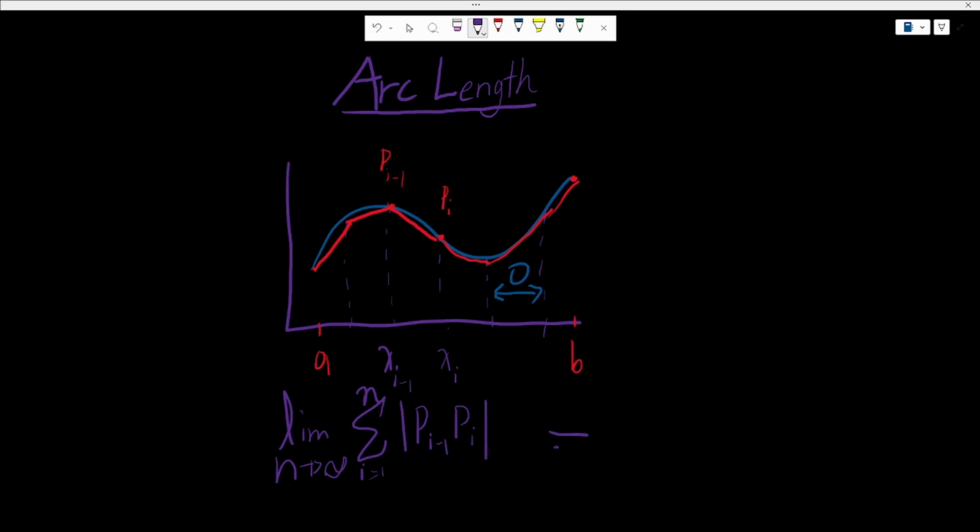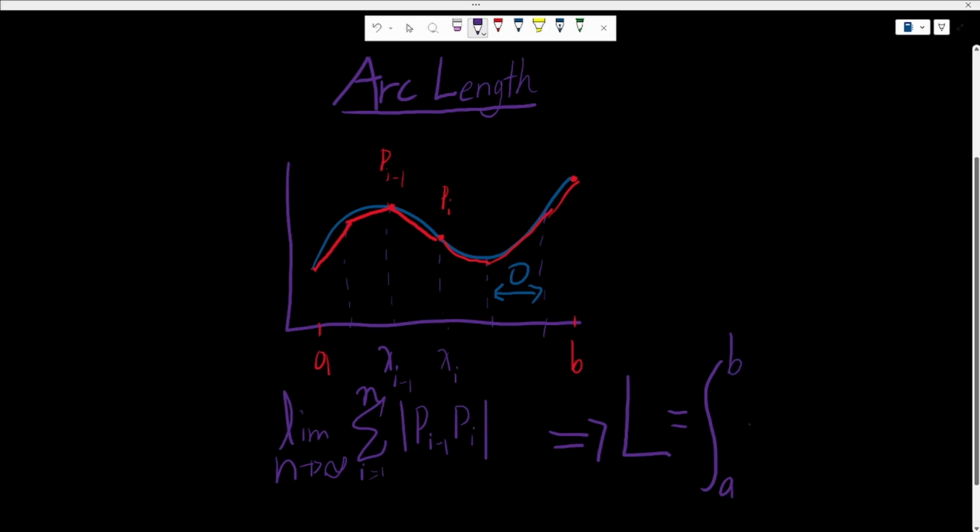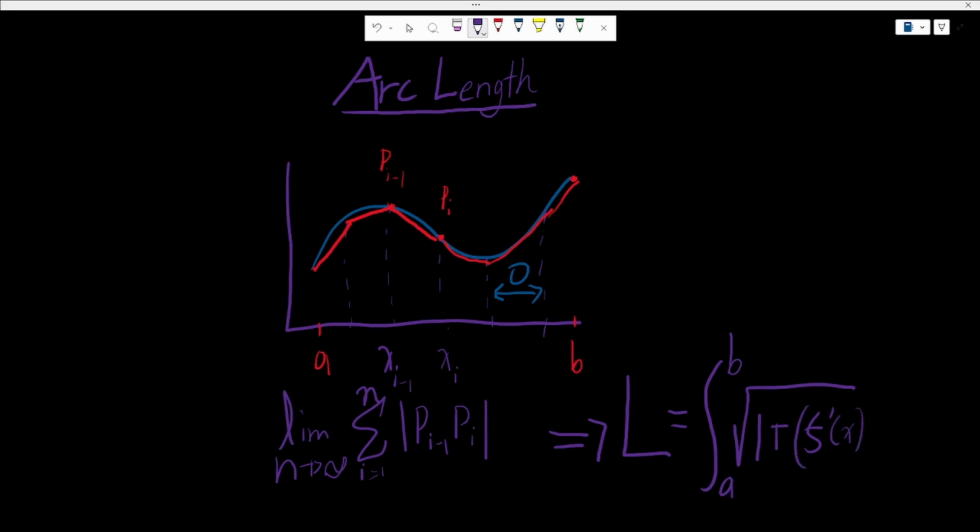So when we take this limit, we're going to be given arc length, which can just be defined as the integral from a to b of the square root of 1 plus the derivative of our function, so f prime of x, and we'll have that squared, and then our dx. So this right here is our arc length.